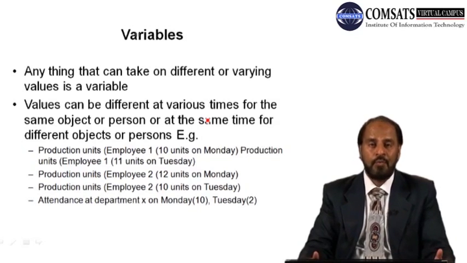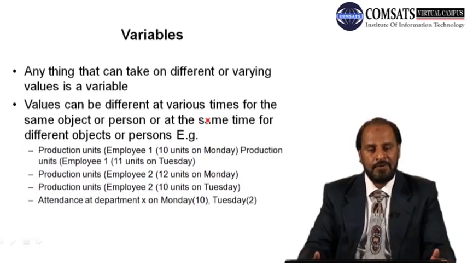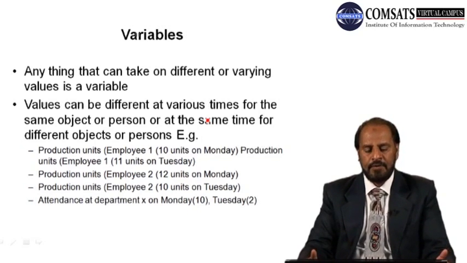Production of employee 1 is one variable, and it's different on Monday and on Tuesday. Production by employee 2 could be different, 12 units on Monday and 10 units on Tuesday. So production by employees is again a variable because it can have different values at different times. Another example is attendance.